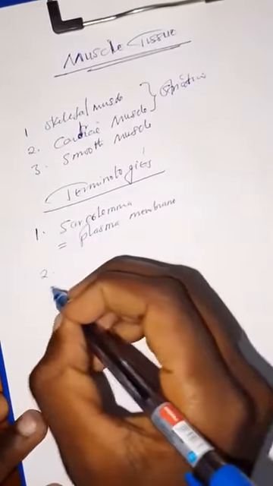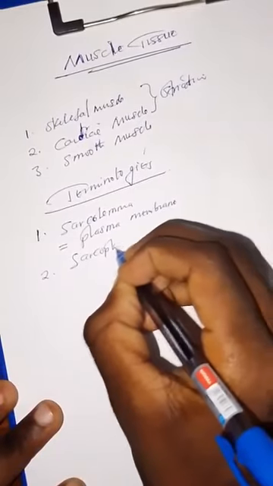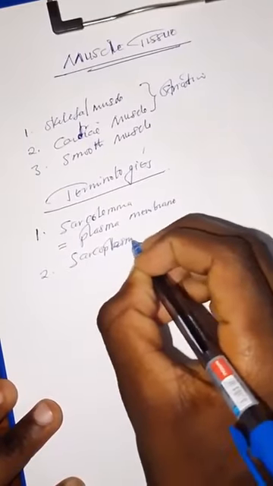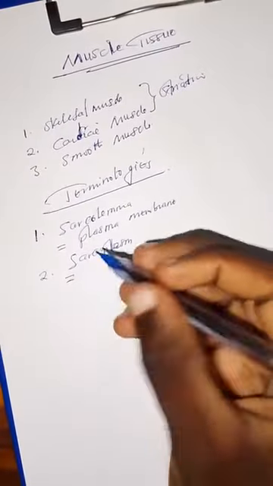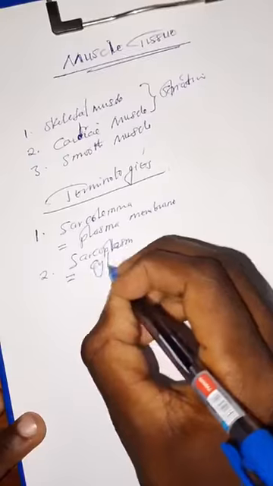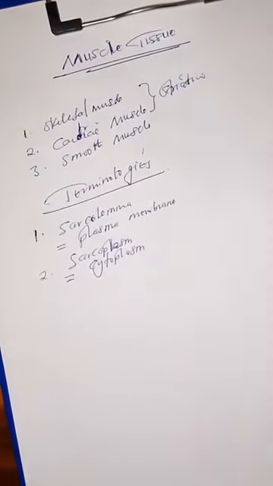Two, we have the sarcoplasm. Sarcoplasm is just the cytoplasm. Up to here, you are able to relate. We know the cytoplasm, we know the plasma membrane or the cell membrane.